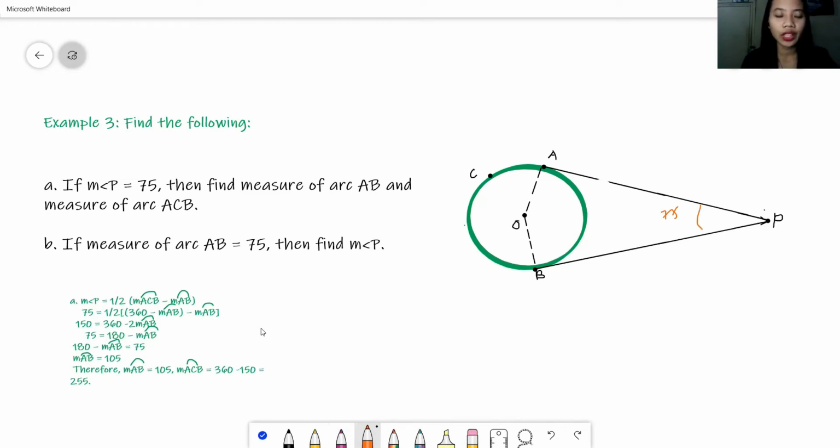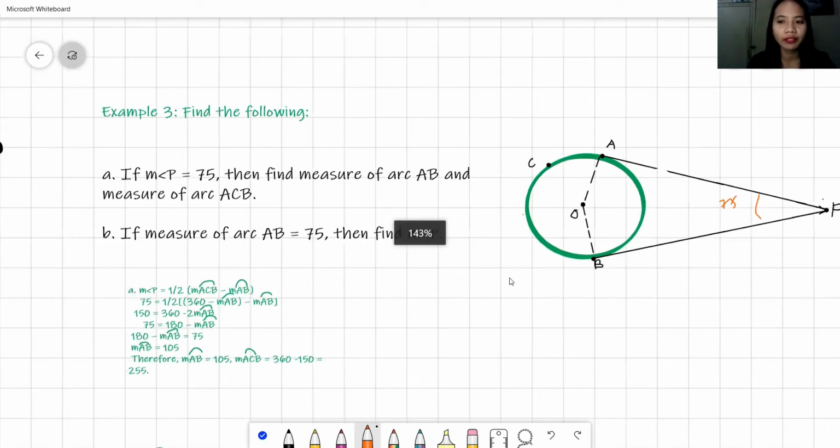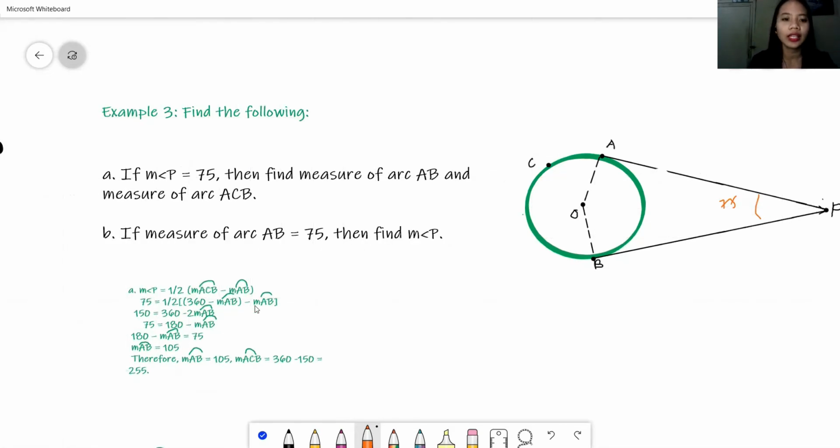Since we are using theorem 15, let us use its formula. The angle is equal to 1/2 times the measurement of one arc minus the measurement of the other arc. Since our angle P is 75, it's already given. Let us find the two values of the arcs, arc AB and arc ACB.